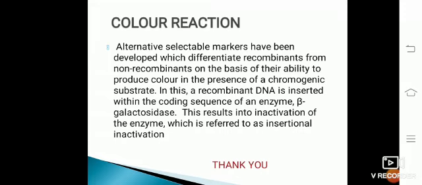If the plasmid in the bacterium does not have an insert, the presence of chromogenic substrate gives blue colored colonies. It means that when you see blue colored colonies, they do not have any insert. The foreign DNA is not present in the plasmid in the host bacterium.